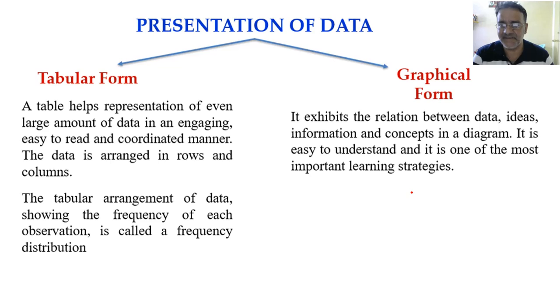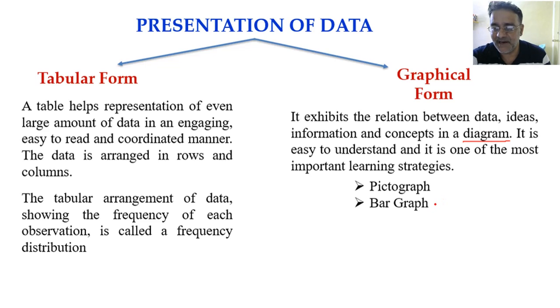Next, graphical form. It exhibits the relation between data, ideas, information, and concepts in a diagram. It is easy to understand and it is one of the most important learning strategies. We have studied the graphical form since class 6th from pictograph, then bar graph.